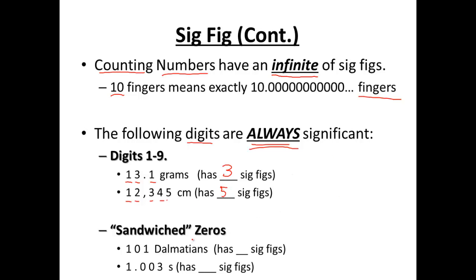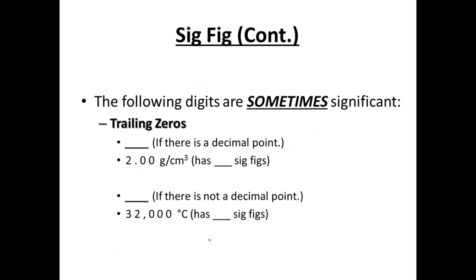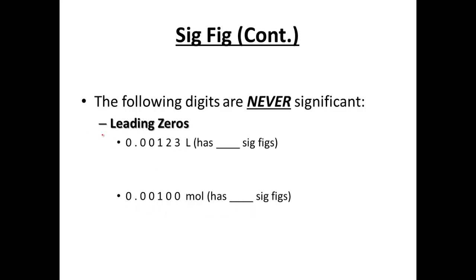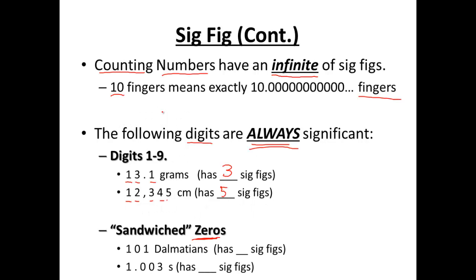Now the zeros, those are the ones we're going to be worrying about. There are going to be a couple different sets. We'll have our trailing zeros, our leading zeros, and our sandwiched zeros that are all going to be looked at. Now let's just change this from Dalmatians to pounds.